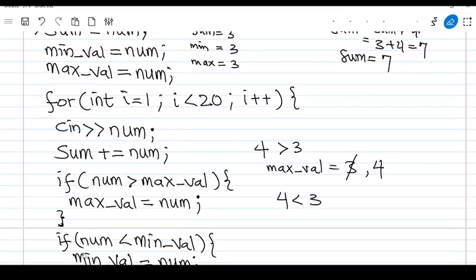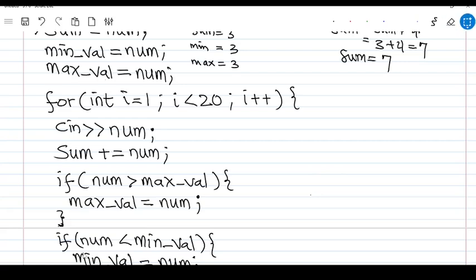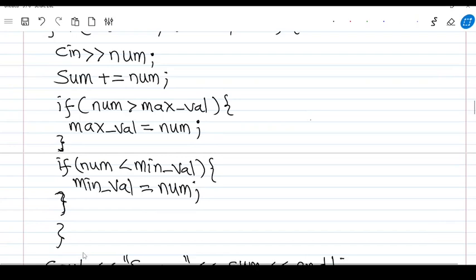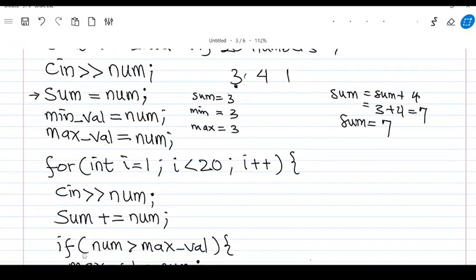Let me just wipe off some stuff here so that we are able to understand what is really happening, because if I explain this one, I'm going to be able to use that to explain the other ones. So now, if the user enters 1, the new value of num here is 1.